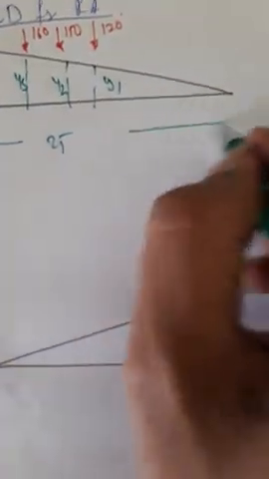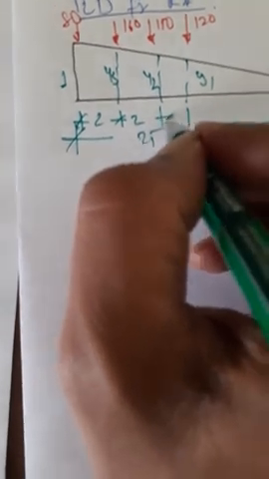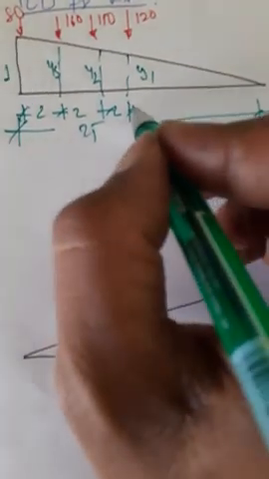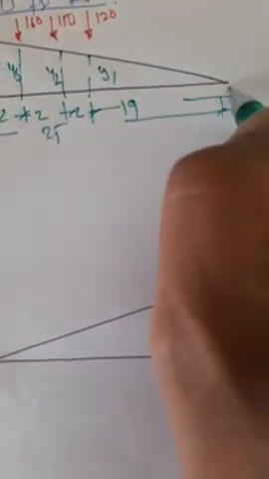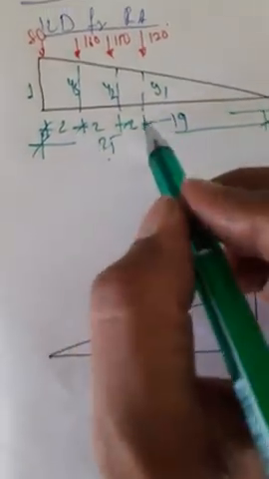Now this overall dimension is 25. Distance between each of them is 2, 2, 2. This dimension is 19, 25 minus 6, 19.